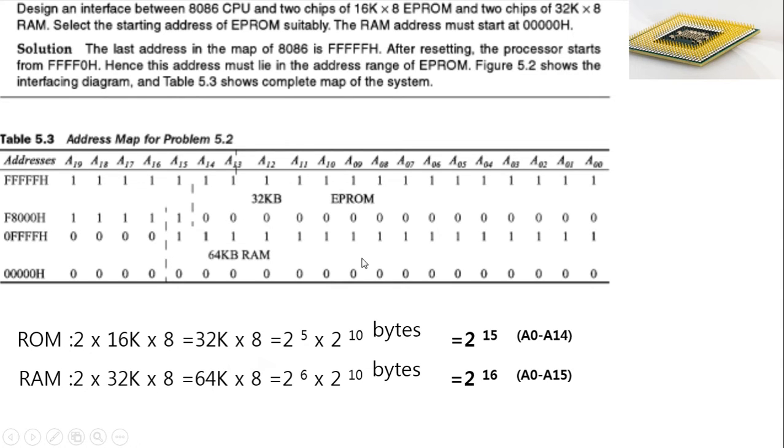The remaining bits, A15 to A19, are used for chip selection, and they are set as all 1s because this particular address value FFFF0 must come under this address range, and all the byte addresses must be continuous.